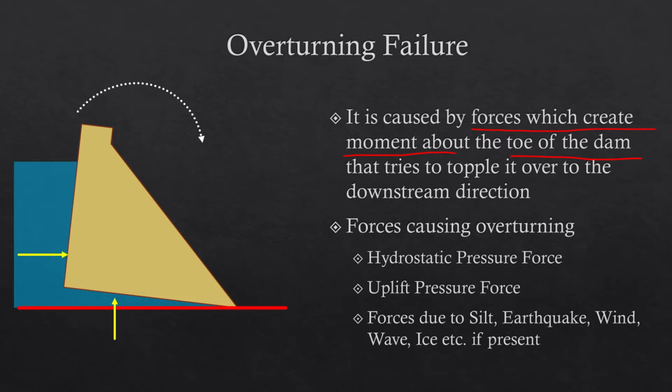If we look at all the forces that we have learned about, the hydrostatic pressure force, which is this force, is going to overturn the dam, because if you take the moment of this force about the toe, then you'll see that the direction of this moment will be in this direction.